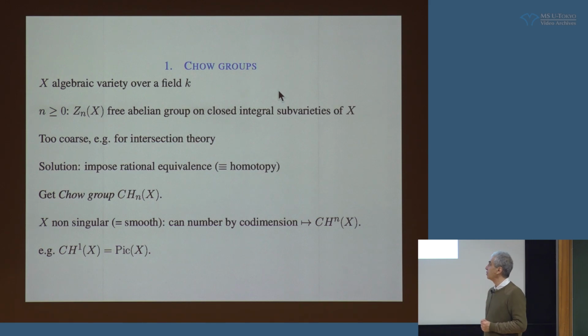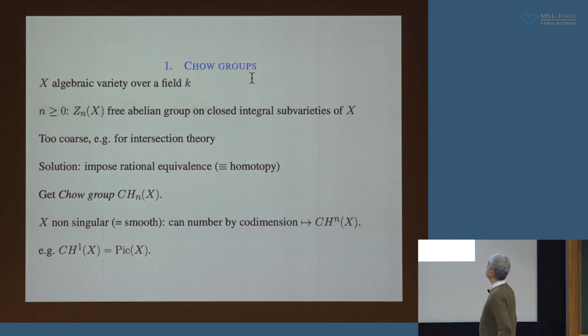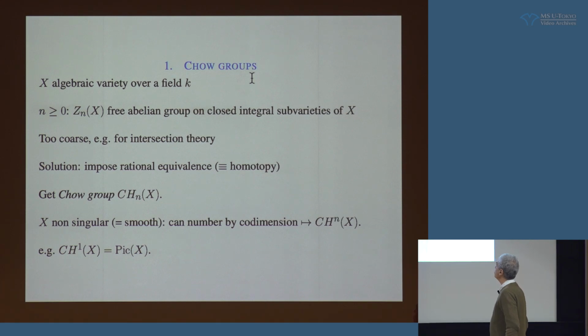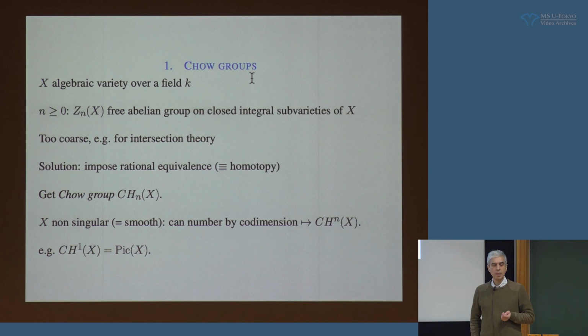I'm not going to give details on this, but once this is done, you get a quotient of Z_n of X that you call Chow n of X, the nth Chow group of X. And if X is non-singular, so I'm going to say smooth for non-singular from now on, then you can also number by codimension, and you get codimensional Chow groups, Chow upper n of X. For instance, for n equals 1, Chow 1 of X is the Picard group of X. As Claire said, it describes isomorphism classes of line bundles over X.